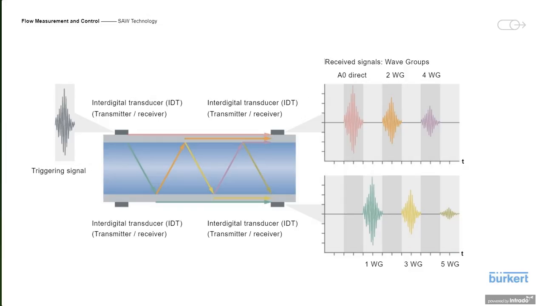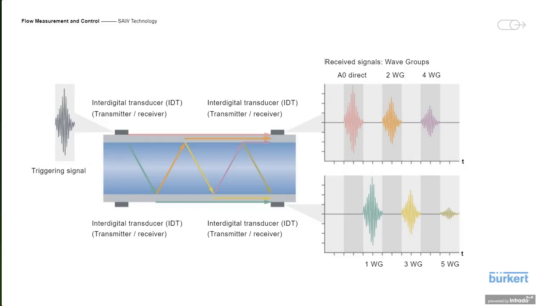And in this example, the transducer on the left, top left, is used with the triggering signal, so it's the transmitter. So it uses an electrical signal, and with the piezoelectric effect, the transducer starts to vibrate and generate with this electrode structure the surface acoustic wave.